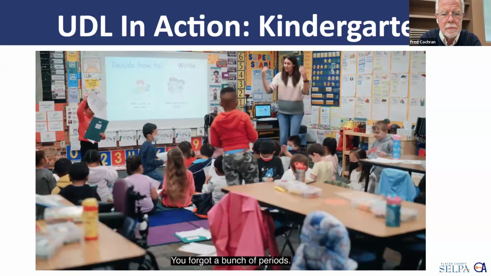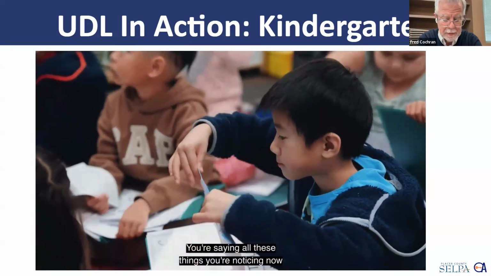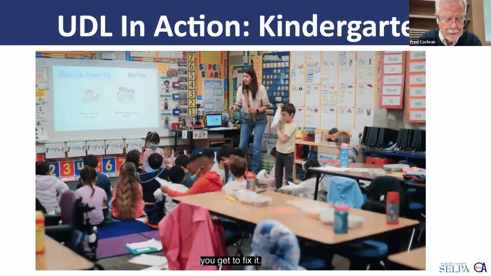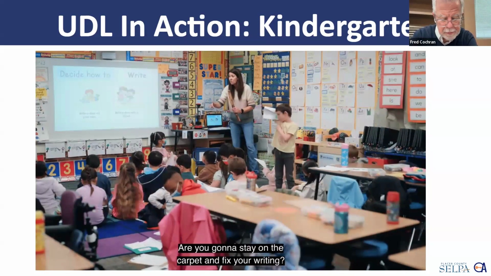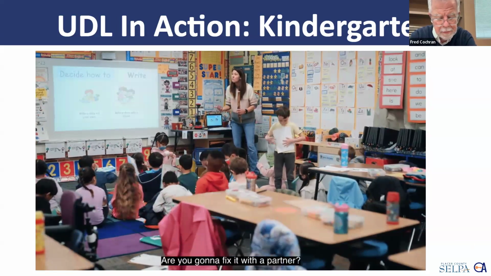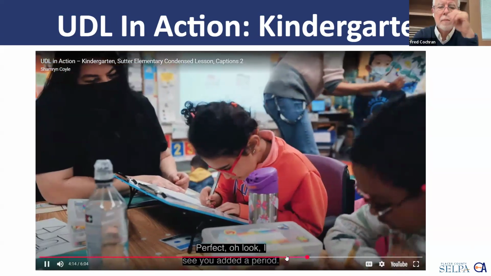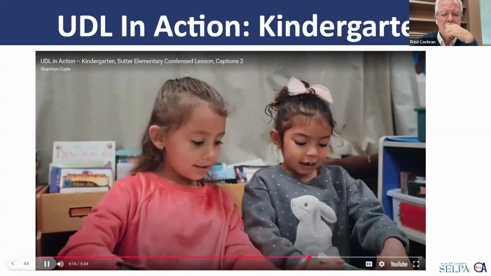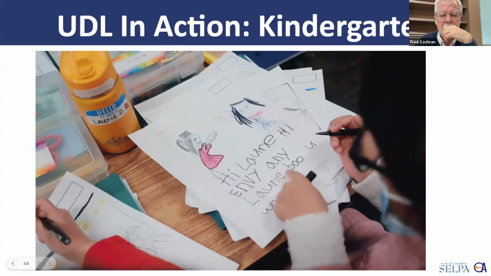You forgot a bunch of periods. I've done that. You're saying all these things you're noticing. Now you get to fix it. So decide what you're going to do. Are you going to stay on the carpet and fix your writing? Are you going to go to your desk and fix your writing? Are you going to fix it with a partner? Perfect. Oh, look, I see you added a period. Good job. What colors inside the box? What did I do wrong? Yes.